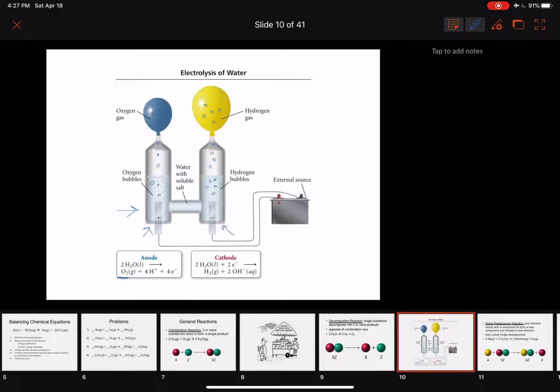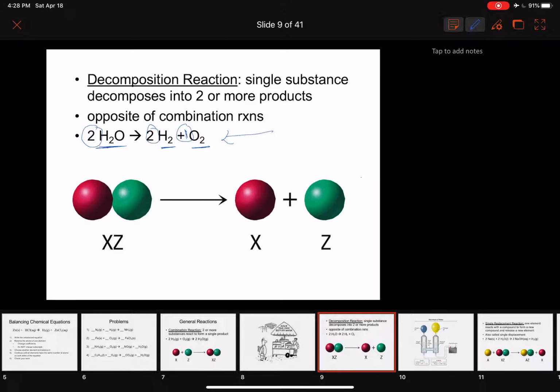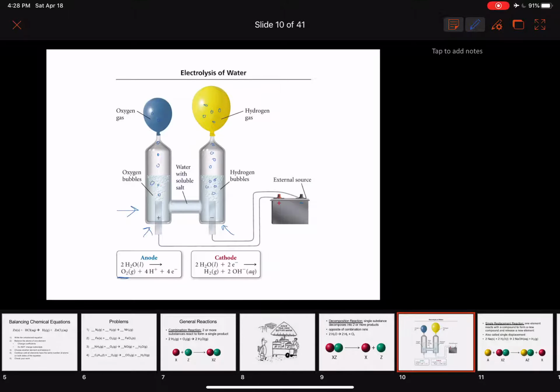Now, if you look at the hydrogen balloon, it's bigger than the oxygen balloon, and that's because for every one oxygen molecule we form 2 hydrogen molecules. So that should make sense to you guys why the hydrogen balloon is bigger.